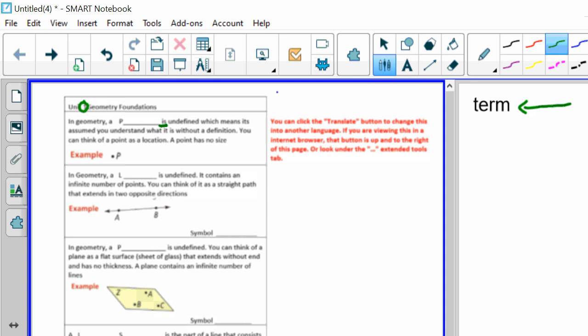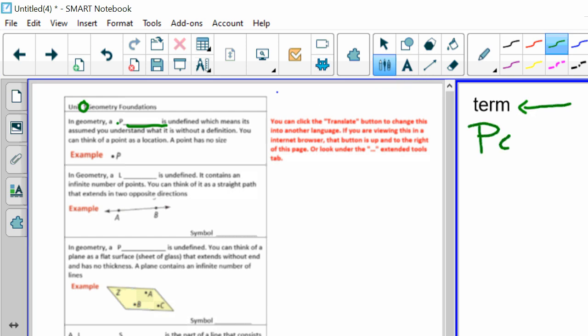You'll see blank lines here with a letter. And that is where I'm going to be writing in the words. I don't want you to write them there. Actually, I want you to write them on the back next to or in line with the line that we're working with.